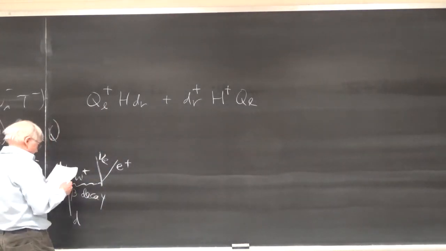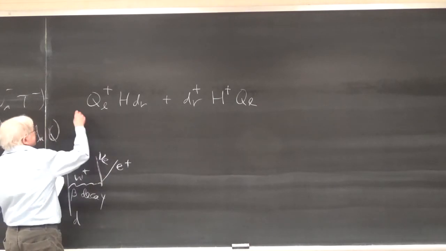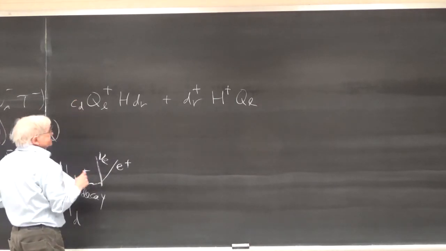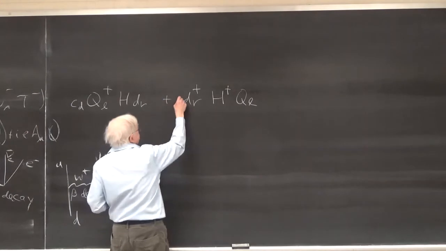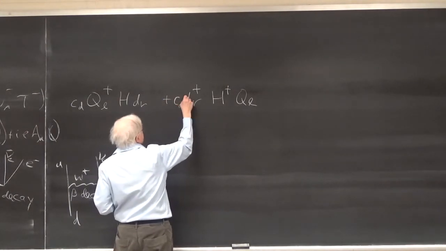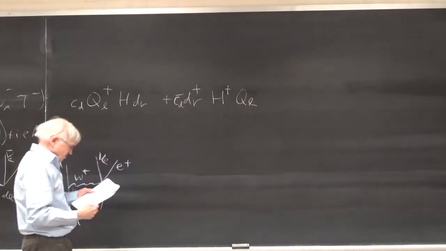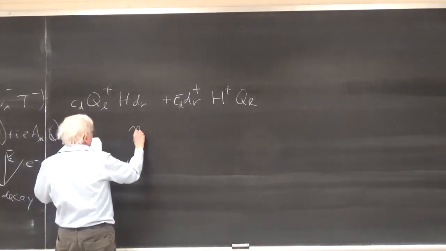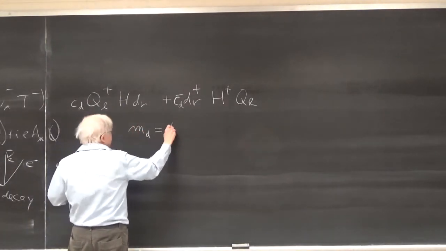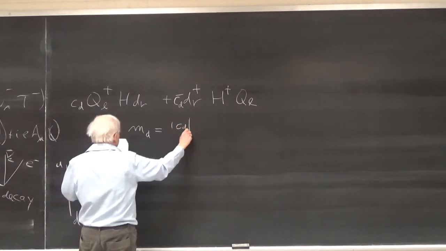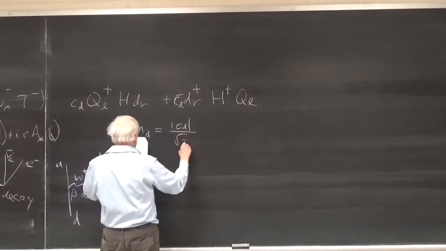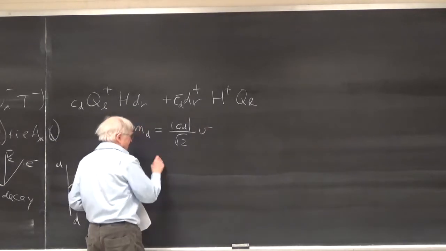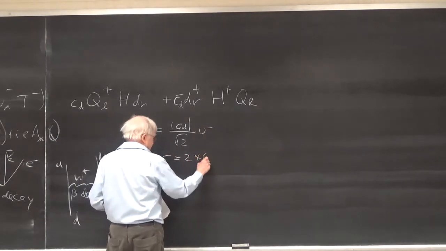And what you do is you multiply this by some constant C_D, and the adjoint term has the complex conjugate, and then the mass of the down quark is the absolute value of C_D divided by square root of 2 times v, where v is this 246 GeV.